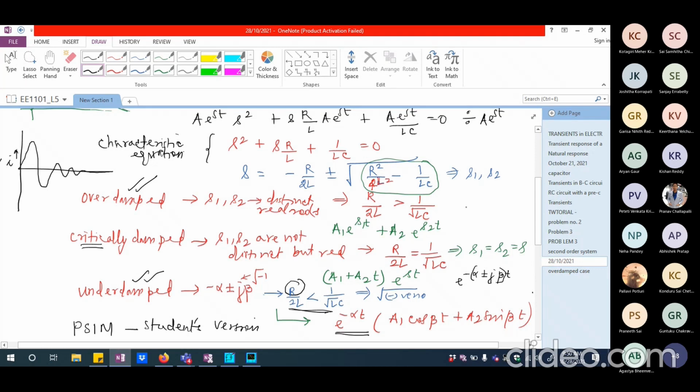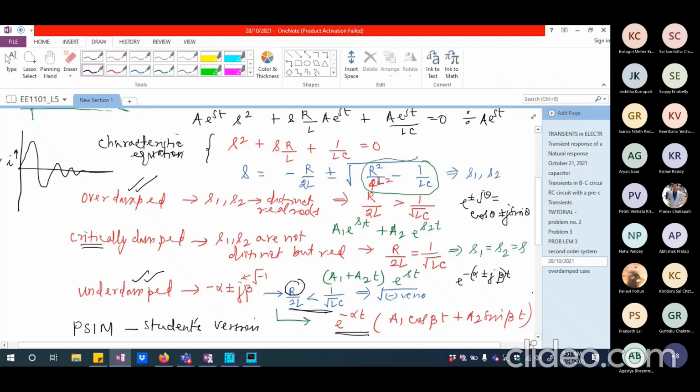So e power minus j, any quantity, say theta, has to be written as cos theta plus or minus j sine theta. If I'm saying plus or minus here, I'm going to have plus or minus here as well. So this is essentially Euler's formula.